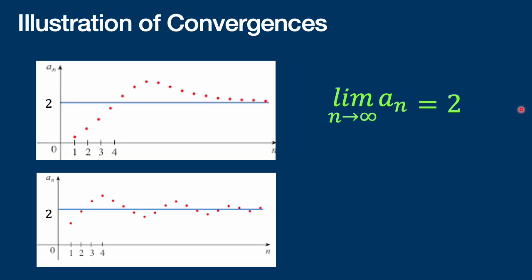So the limit of a_n approaches 2. That's how we illustrate the limit of a sequence. When the terms get close to one point, we say the sequence is convergent.